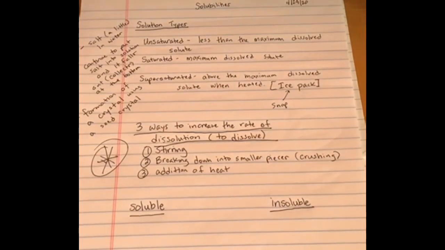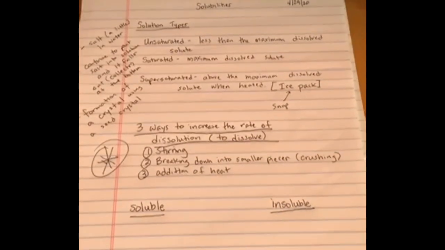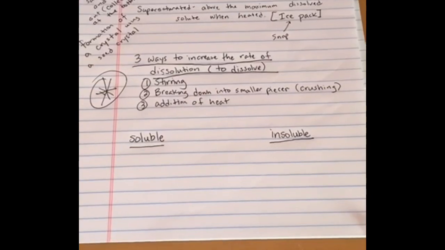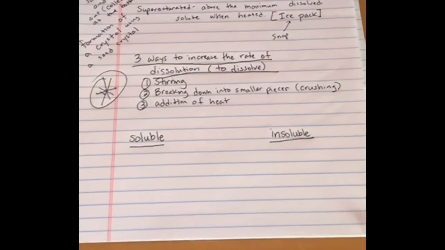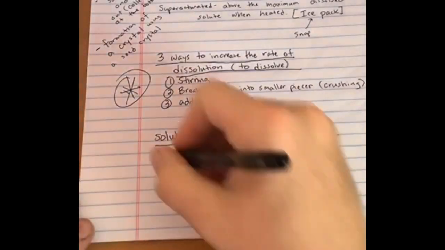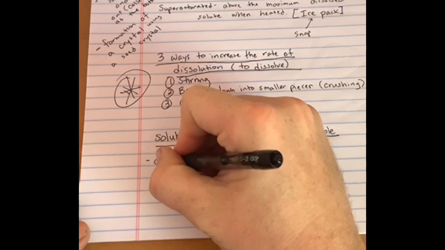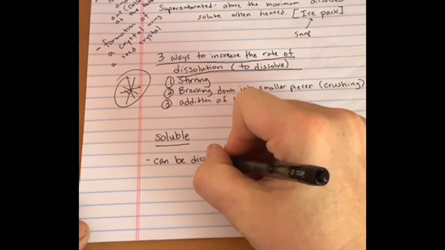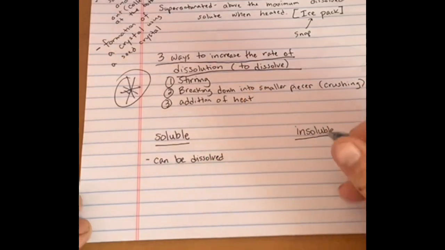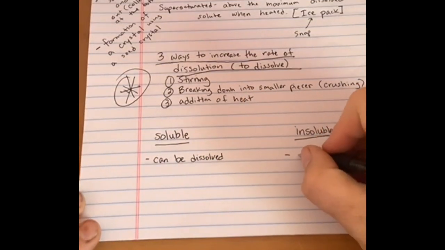Soluble and insoluble, all right? So soluble means that it can be dissolved. Insoluble means that it cannot be dissolved.